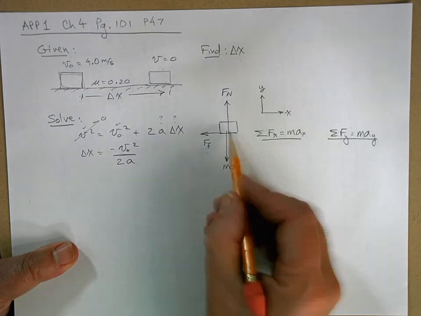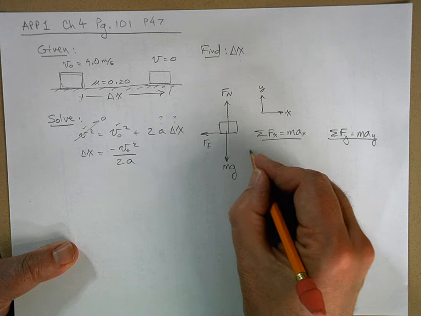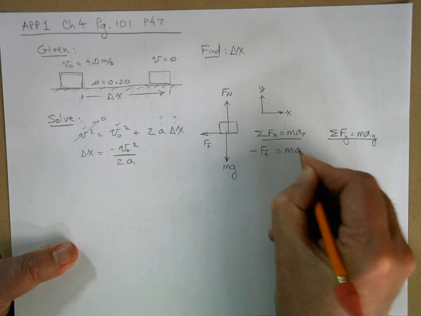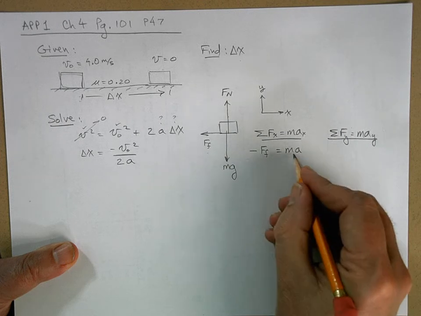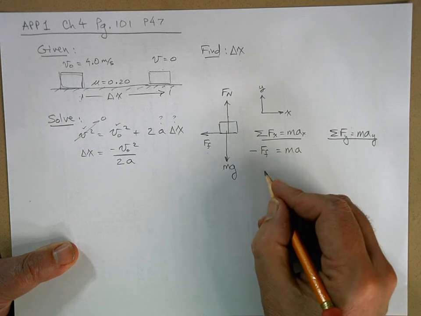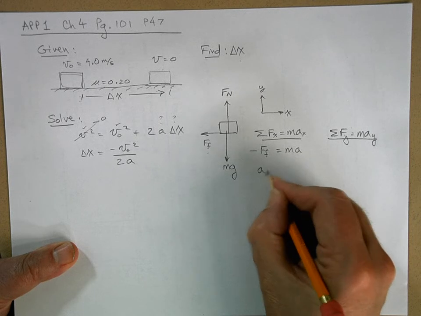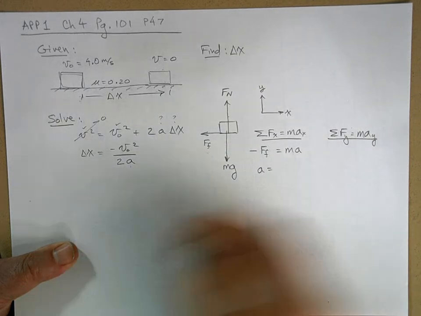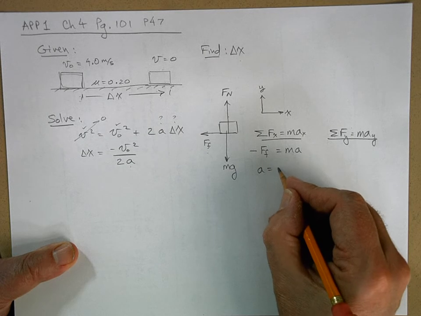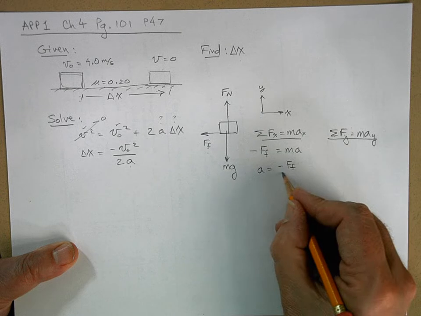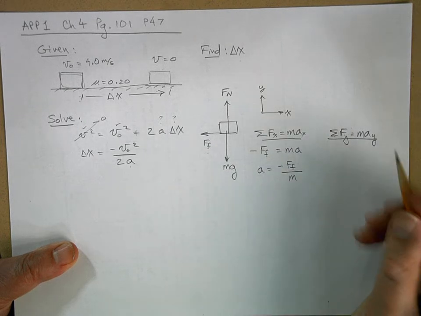So I look in the x direction. There is only one force, and it's the negative force of friction, and that's going to be equal to ma. So the acceleration, which is what I want to find, is equal to the negative force of friction divided by the mass.